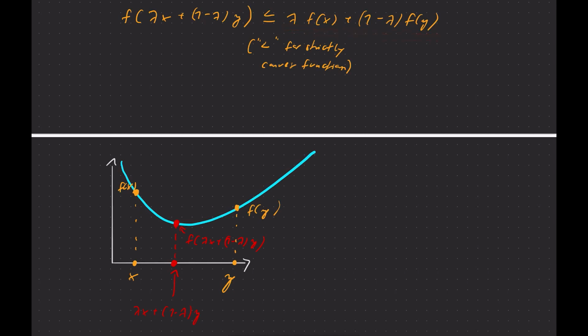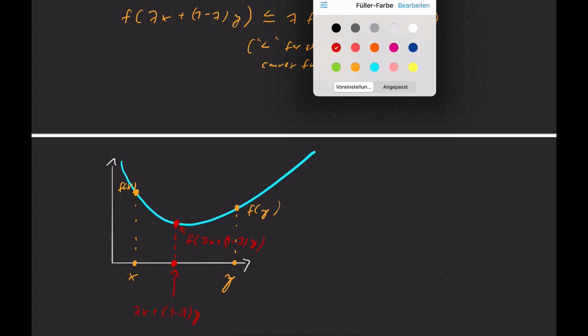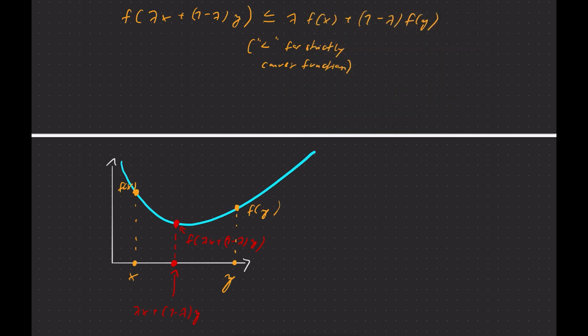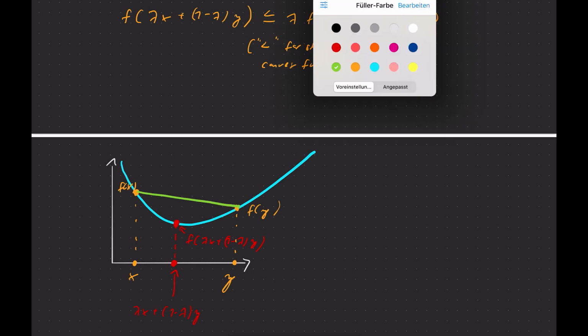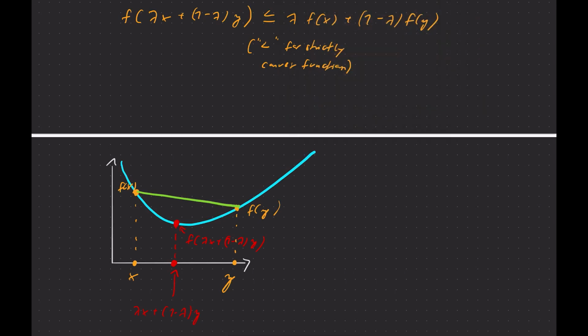The convex combination of those 2 points corresponds to the line that connects those 2 points, something like this. So that's the convex combination of those two. And the corresponding point here is this one. So this is lambda f of x plus 1 minus lambda f of y.